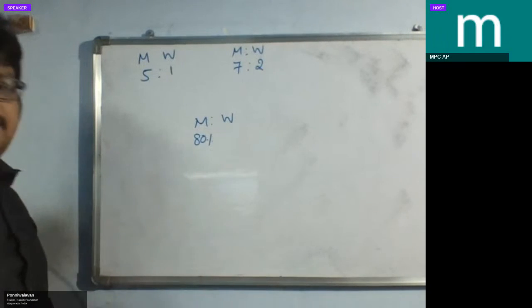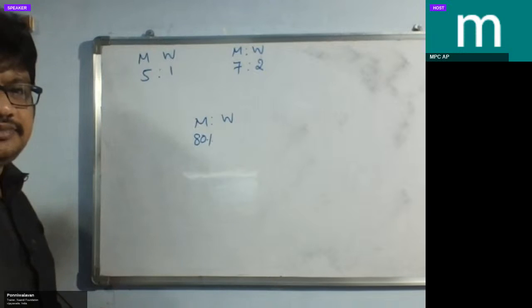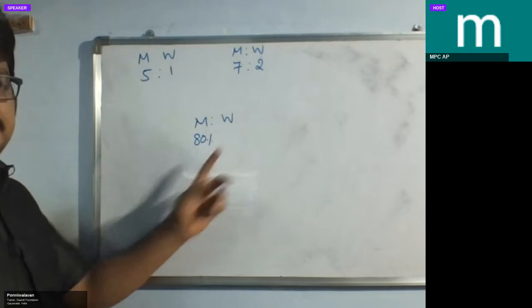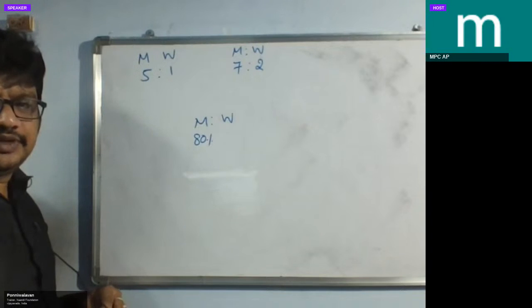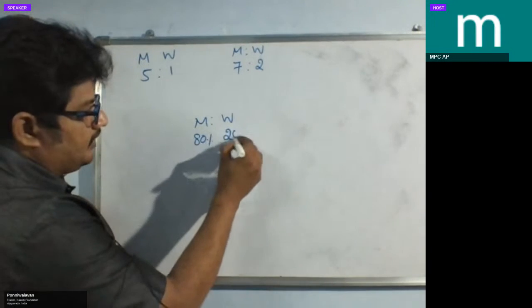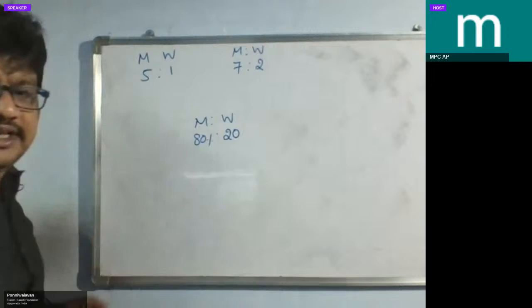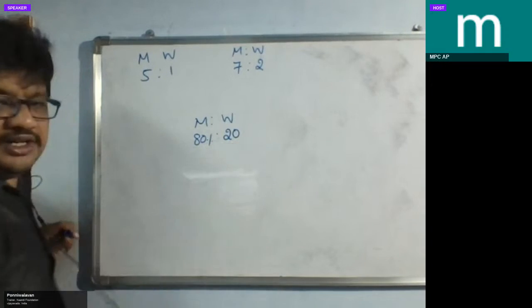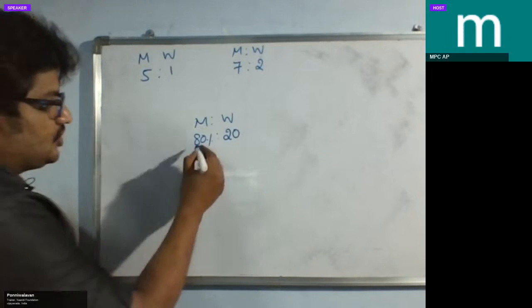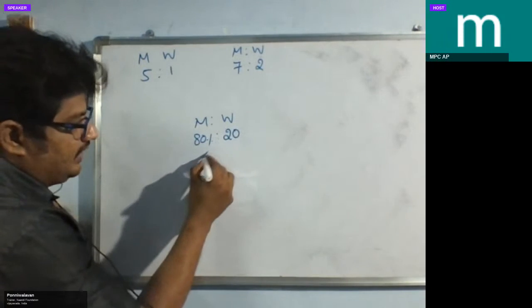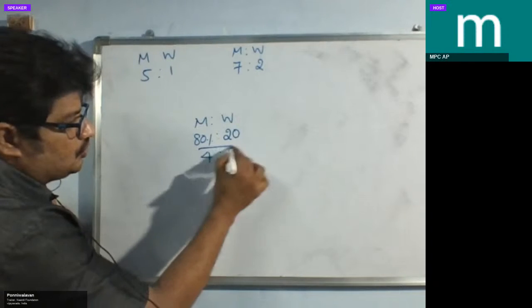Now what is the water percentage? Milk 80 percent means water is 20. Okay, 80-20, what is the ratio? 4:1. We can divide by 20, the ratio is 4:1.